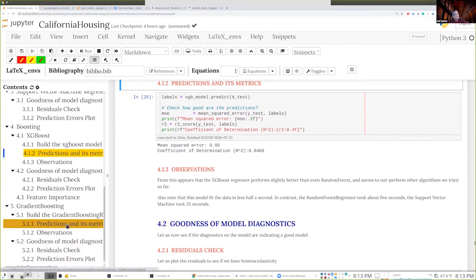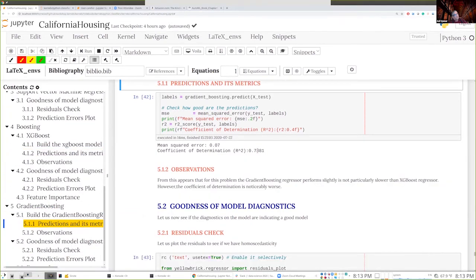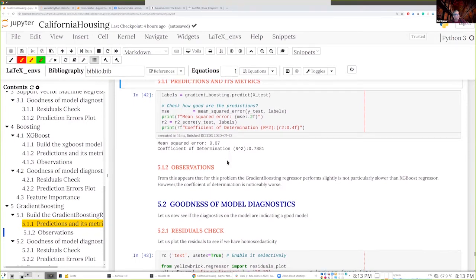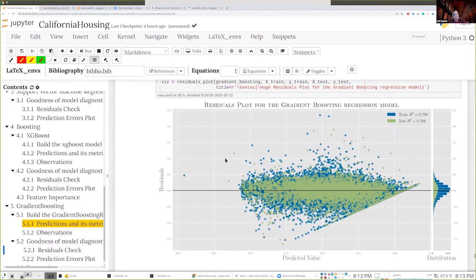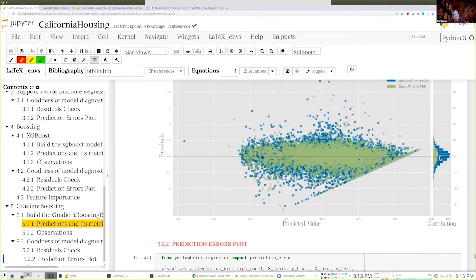Compared to that, 84.68 becomes 78.8. So traditional gradient boosting, at least without hyperparameter tuning, is noticeably worse, and it takes a bit longer. Which is why most people use XGBoost, CatBoost, and so forth. However, it does build a pretty good model.